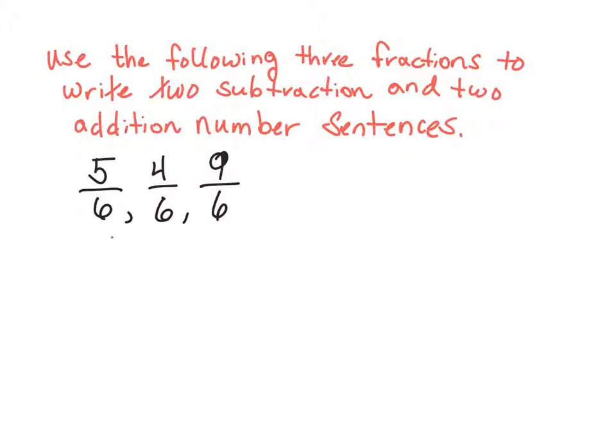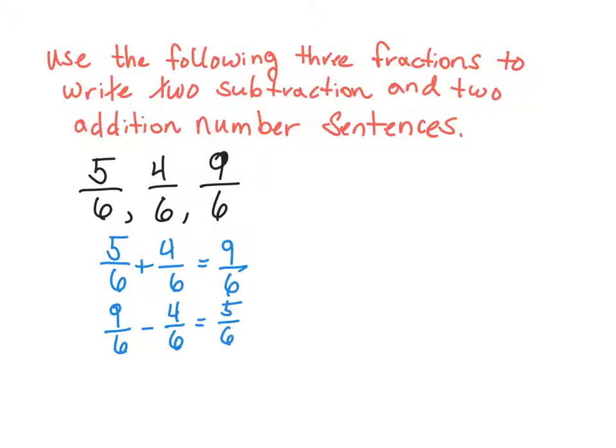this. So I'll do 5/6 plus 4/6, and that equals 9/6. And we also then can do 9/6 take away 4/6 is equal to 5/6. And then we can do 9/6 take away 5/6 equals 4/6.